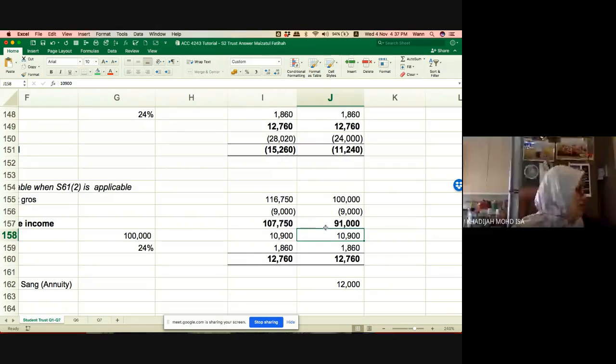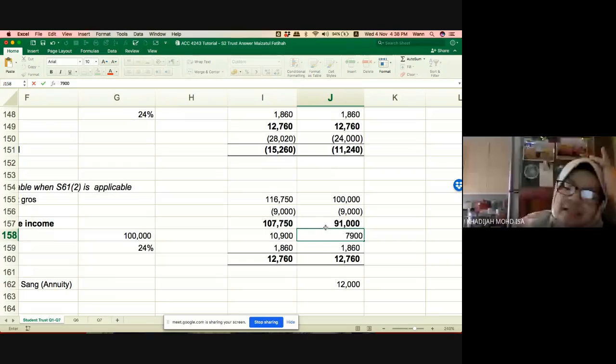Let's assume, I'm not sure, hopefully I'm referring to the 2019 textbook. The tax rate for... Reference. Oh, this is the advanced tax book. Advanced tax has no tax rate. Alright, it cannot be 10,900. I think 7,000, I do not know.